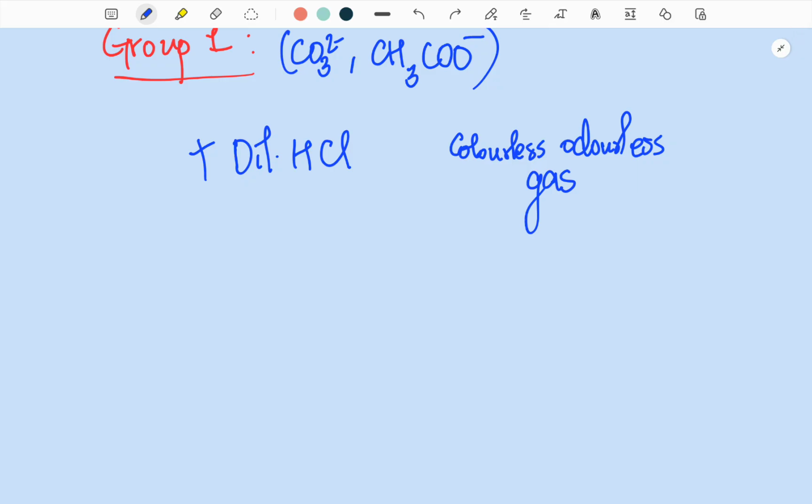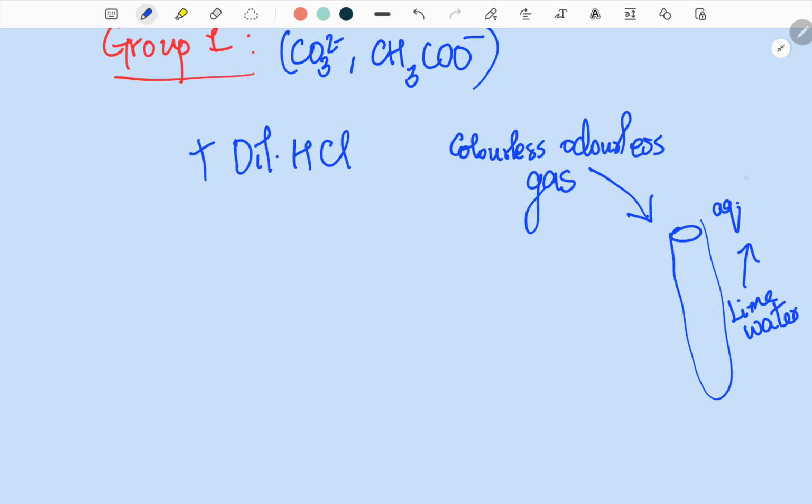Now, the colorless odorless gas, if you need to verify that it is actually carbonate, you can also do another step to verify that this is carbonate. So what you can do is this colorless odorless gas you can pass through lime water. Now what is lime water? Lime water is aqueous calcium hydroxide. Aqueous calcium hydroxide is known as lime water.